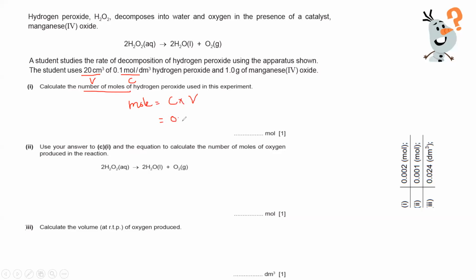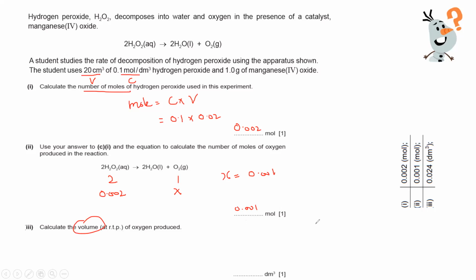The concentration is 0.1 and the volume is 20 cm cube, which is 0.02 dm cube. When we multiply, we get the moles of hydrogen peroxide. Now we have the moles of hydrogen peroxide, we need moles of oxygen. So we use a ratio here, the ratio between hydrogen peroxide and oxygen, that's 2:1. If we have 0.002 moles, then it will be X moles of oxygen. We cross multiply, we got 0.001 moles of oxygen.